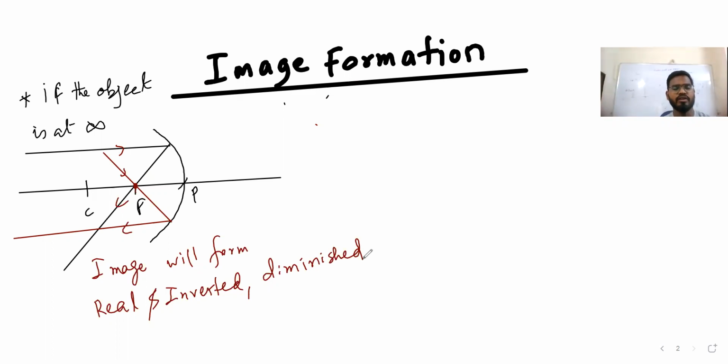Real, inverted, and diminished. Whenever it is a real image, we can show that on a screen, that we can observe on a screen.